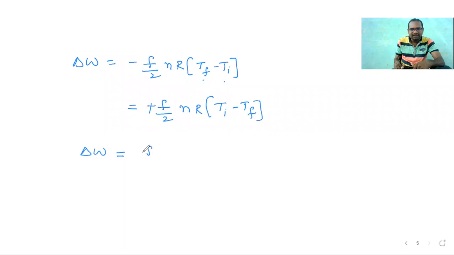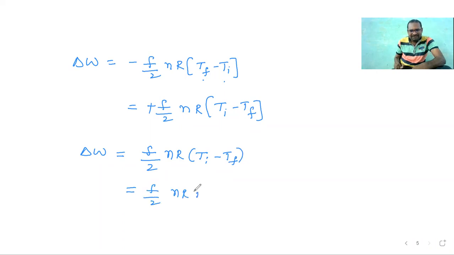So the formula for work done in an adiabatic process is F by 2 nR (T initial minus T final). We can still write this as F by 2 (nR T initial minus nR T final).